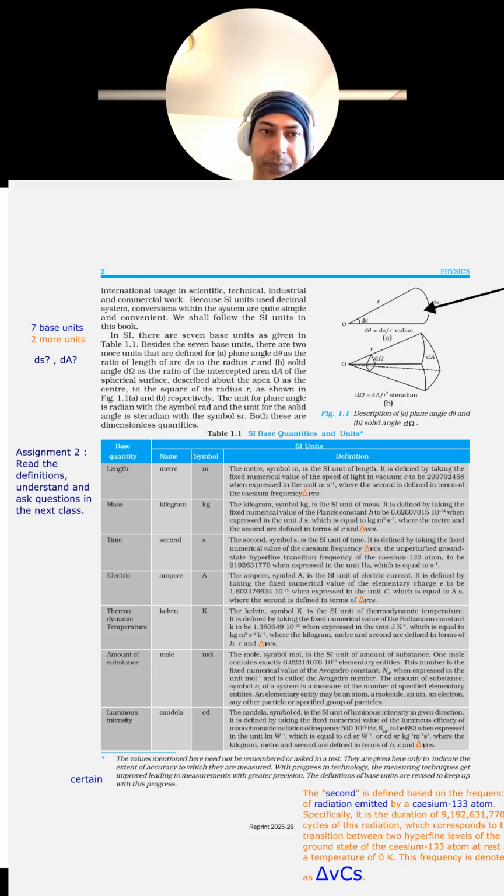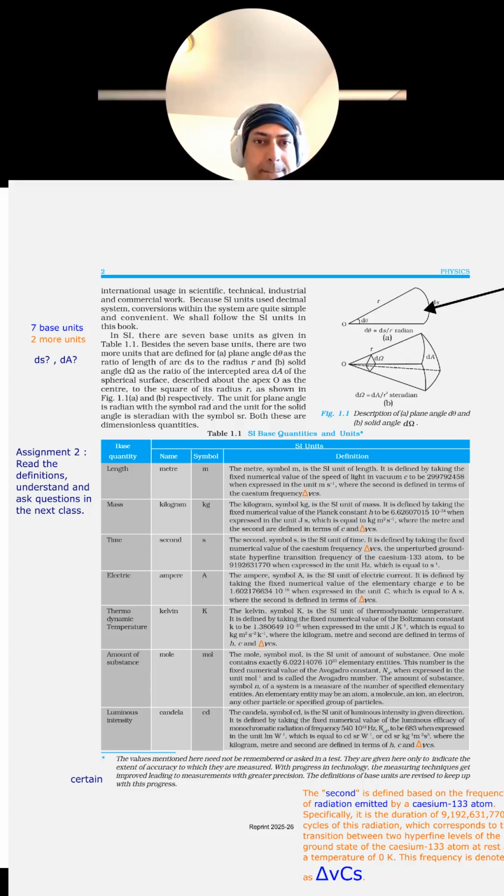There is a diagram too. d theta is equal to ds upon r radian, as the ratio of the length of arc ds to the radius r.